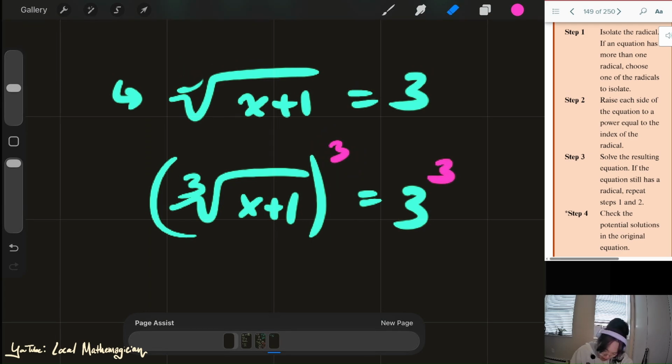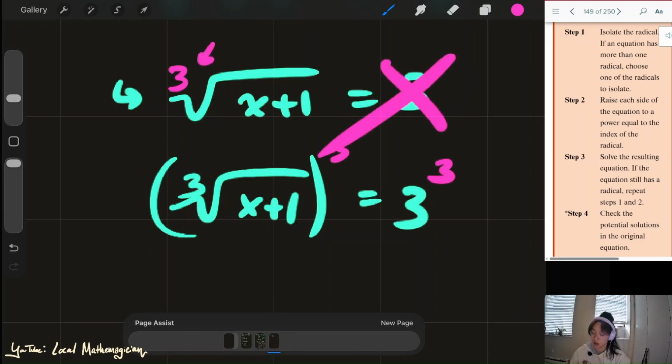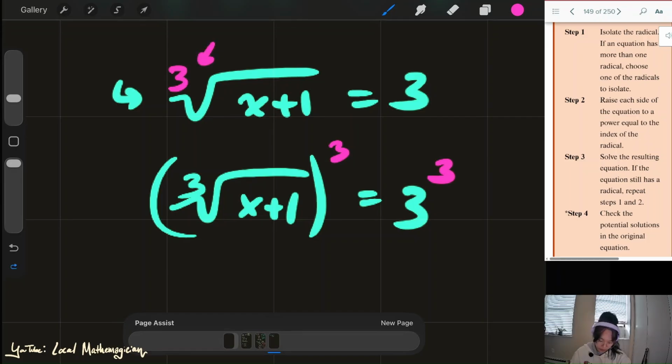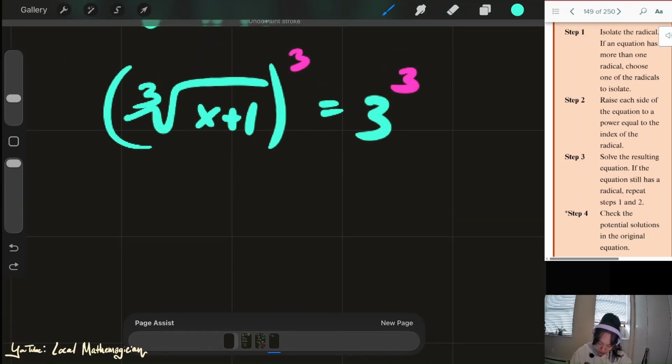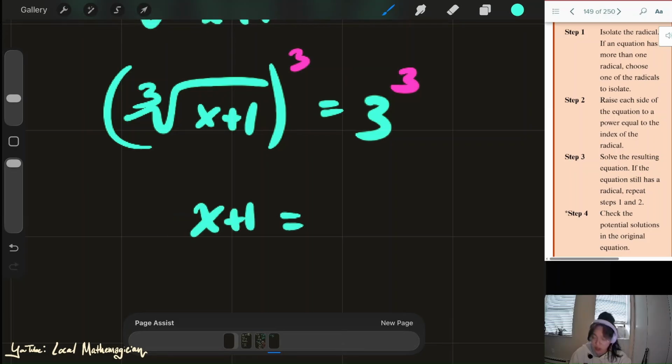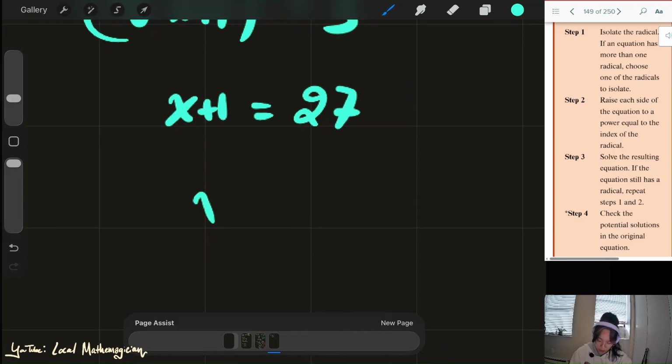Again, this is raised to the third because it matches the index, not because it matches the constant. That gives me x plus 1 is equal to 3 to the third, which is 27. Subtract 1 on both sides. x is equal to 26.